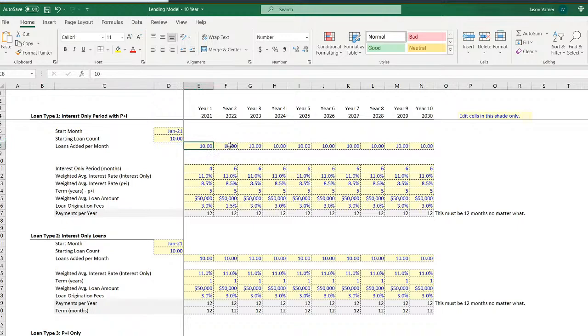And you can plan out the count of those over time, how many are originated per month in each year, what the interest only period is, weighted average interest for the interest only period, interest for the P&I, the term in years, the loan amount, and origination fees.